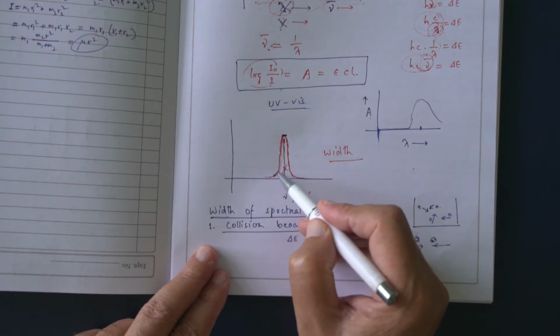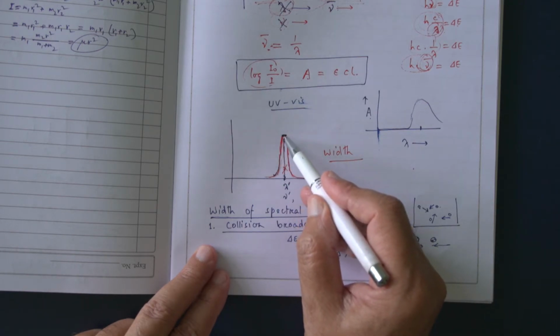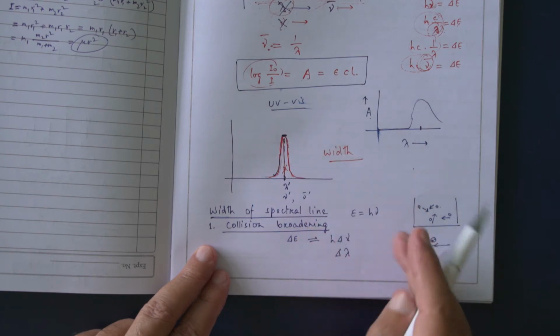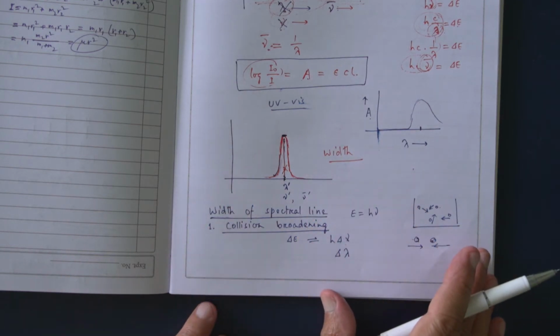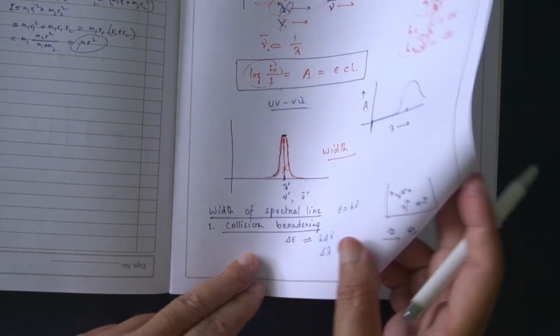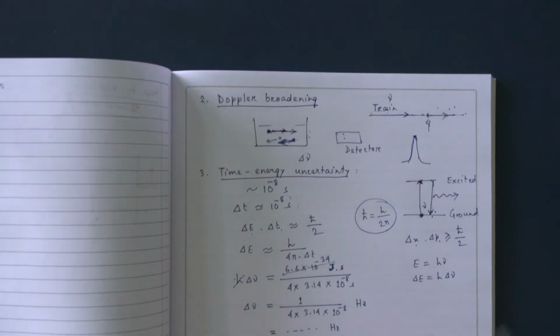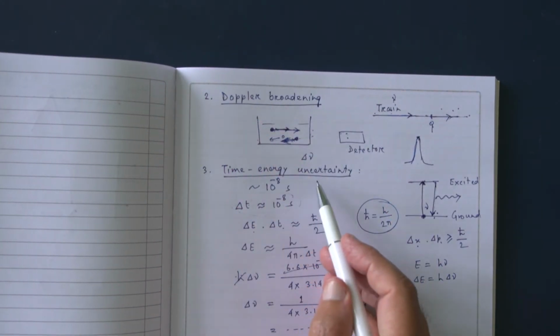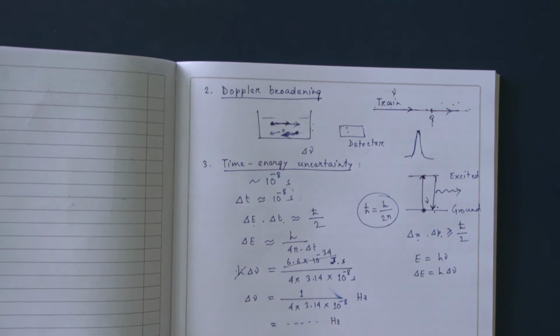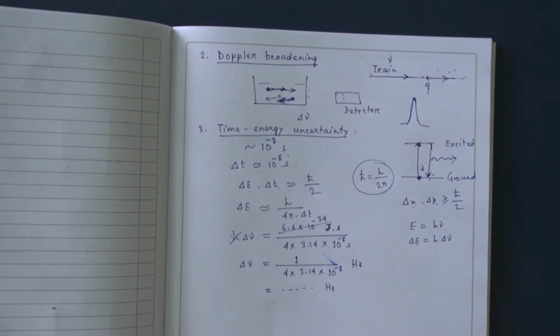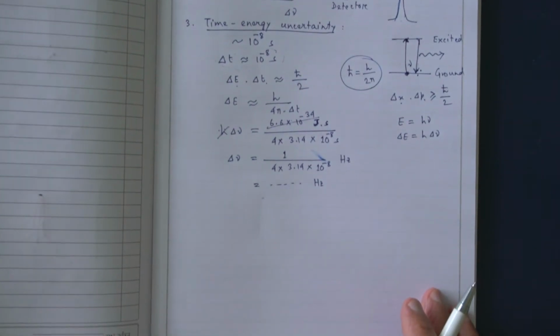We get a spectrum like this. So there is width. And why does that width occur? Due to collision broadening, then Doppler broadening, then time-energy uncertainty. So this is the width of the spectral line.